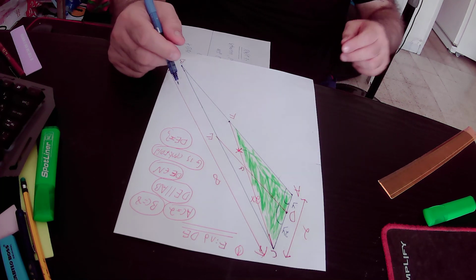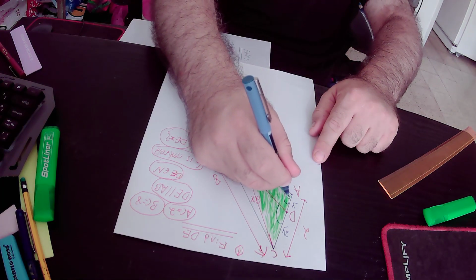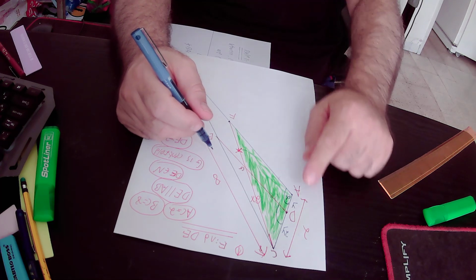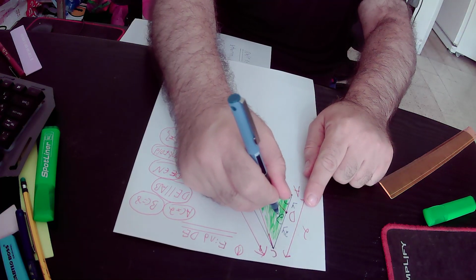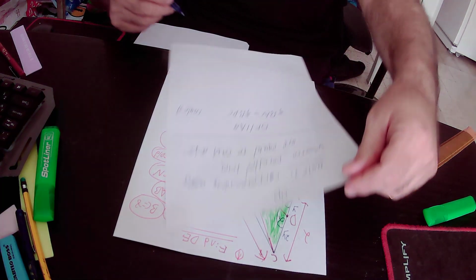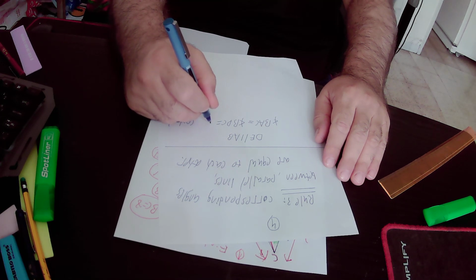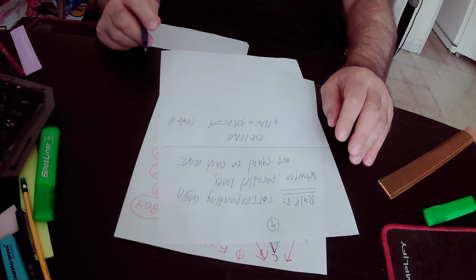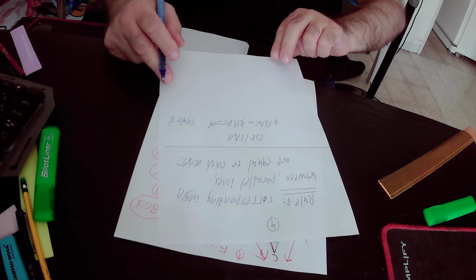And if we define one angle as alpha, then the other angle will also be equal to alpha. So angle BAC equals angle BDC, and both those angles are equal to alpha. That is according to rule number 3.